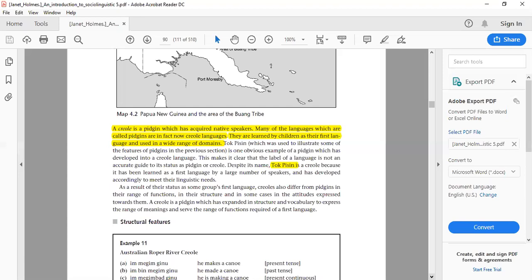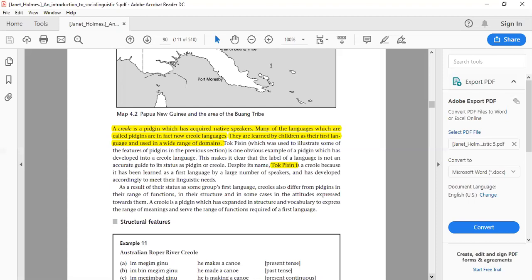It has the three points that we discussed in Pidgin, but these three points change. The first point, the domains and functions, changes, meaning the domains are increased. The range in which Creole is used is increased, meaning it is not only used for trade purposes, but maybe at home or in other domains. So it changes as a Creole, and native speakers are developed, as well as the language becoming more structured, and more features are added to the language.